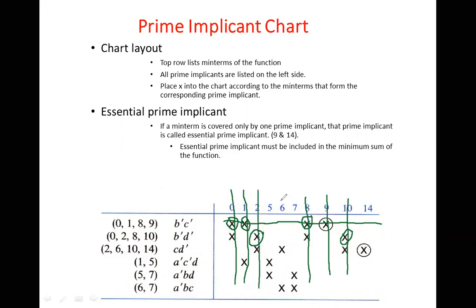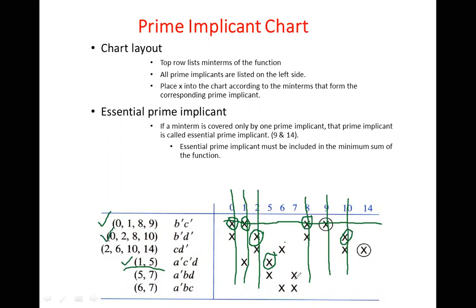Now what is left out is 5, 6 and 7. To cover 5, 6 and 7: 5 is covered using this 1 comma 5. Using 1 comma 5 I can cover 5. If I have to consider 5, I have to consider this one.